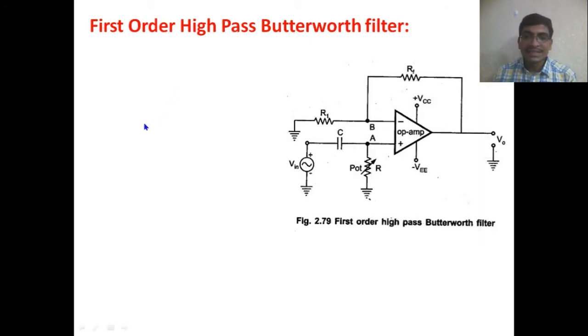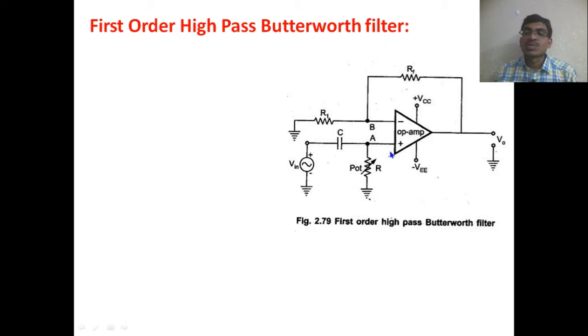See, this is a circuit for first order high pass Butterworth filter. So here high pass circuit has been formed by these R and C components, which forms the high pass filter, and this high pass filter output at node A will be given to the non-inverting terminal of our operational amplifier.